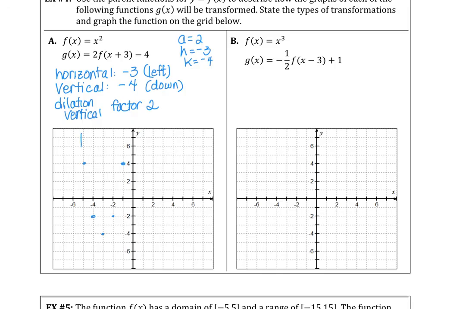And a nice skinny parabola looks like that with a new h and k value that translated from the origin here. Left 3, down 4. In part B, you might want to try this yourself and then come back and check your work against mine.